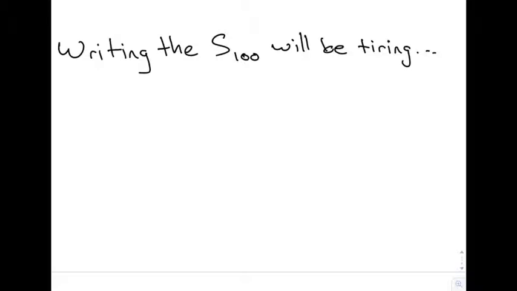Now, in some situations, writing the 100th partial sum will get pretty tiring pretty quickly. So let's look at a brief way to write a partial sum. Consider the fifth partial sum, that's A1 plus A2 plus A3 plus A4 plus A5.